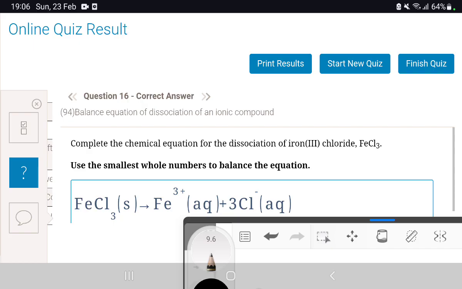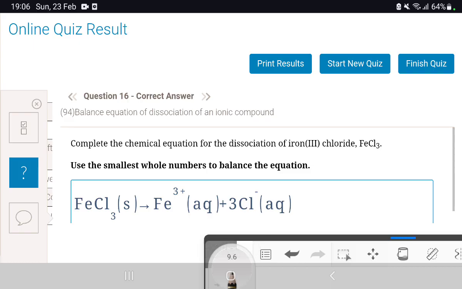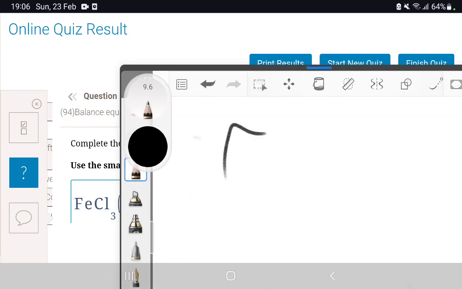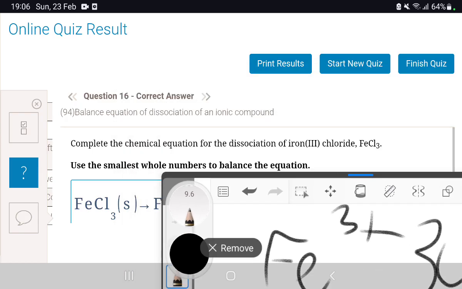We can try and balance the charges here, because if we remove the 3, you can say, okay, it will be Fe3+ and Cl minus. How do we make the charges the same? We just multiply Cl by 3.